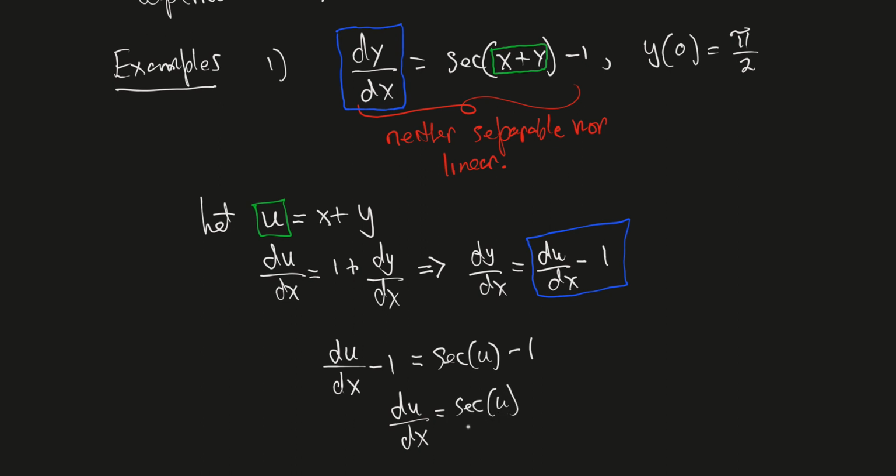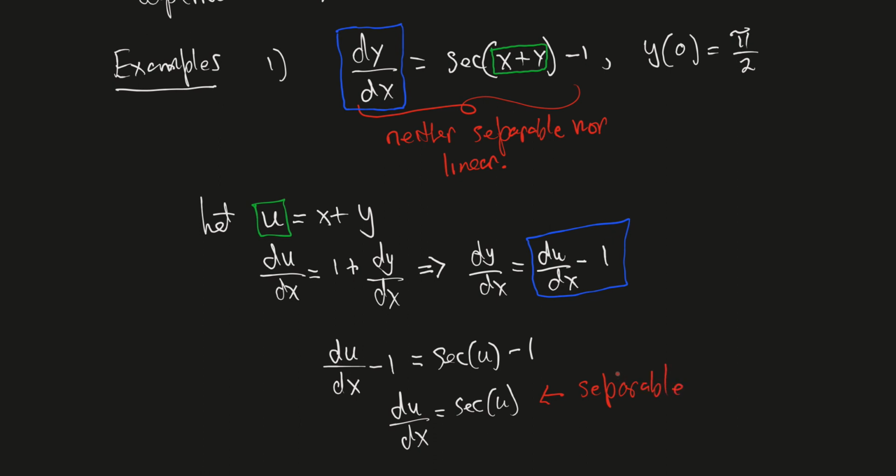Right? So here's my new differential equation, and it is separable because I can take over the dx and I can divide through by the secant of u. So this one now, right, is separable.